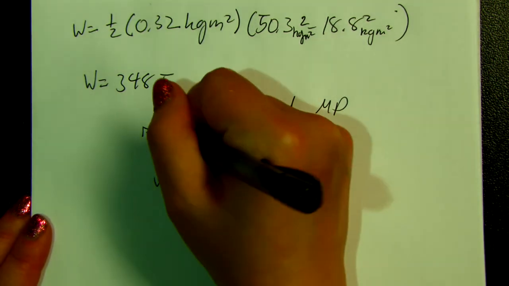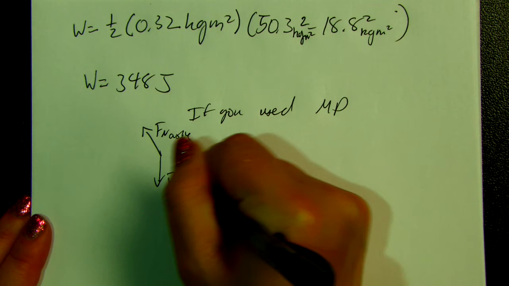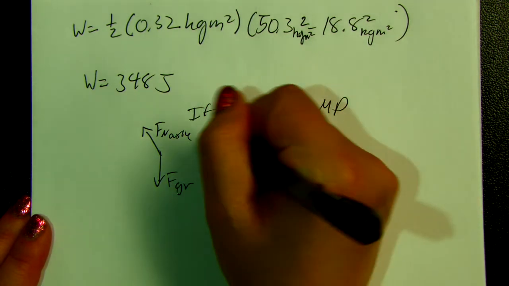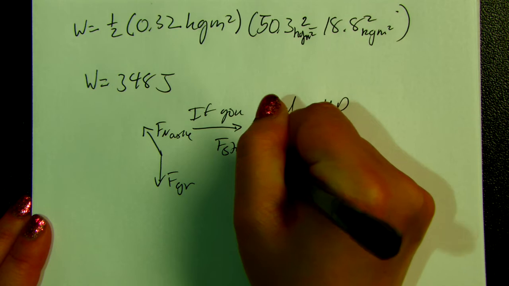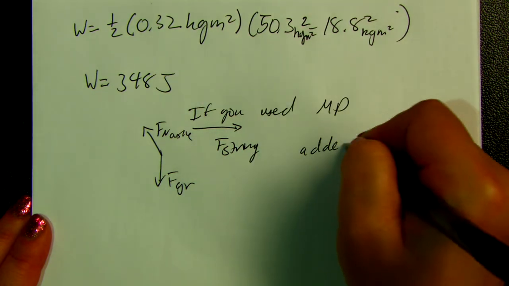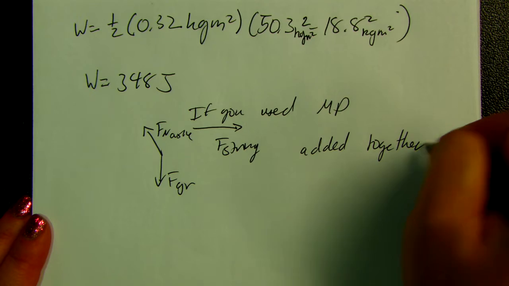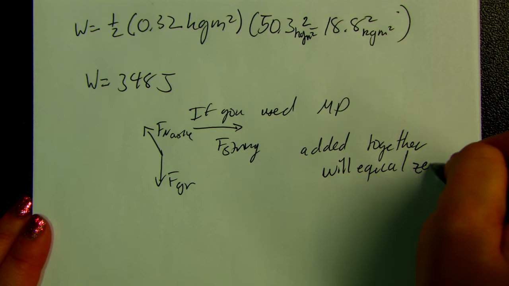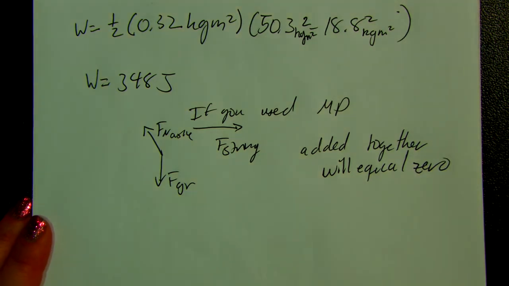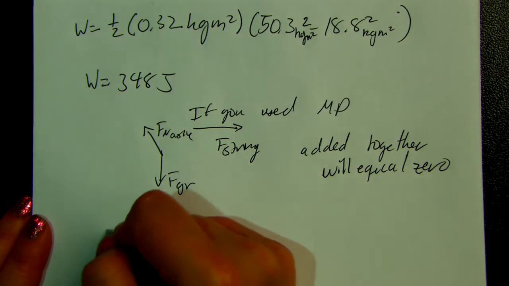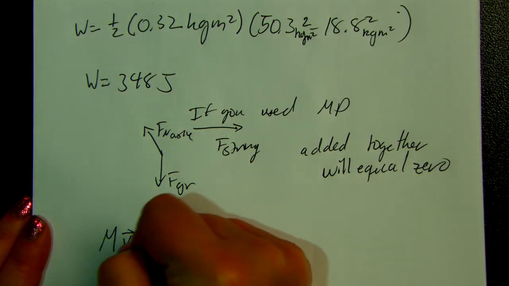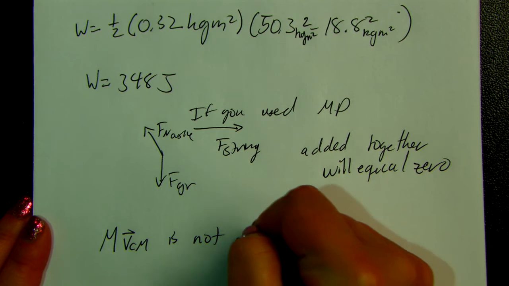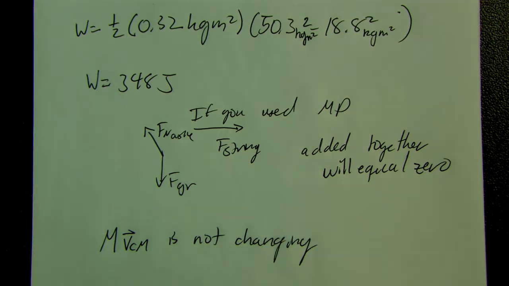If you were to add up all of these forces and then F string, added together, they will equal 0. Because while it is spinning, it is not moving over a distance. Okay, so the M v CM is not changing.